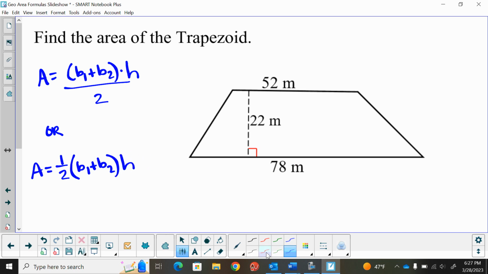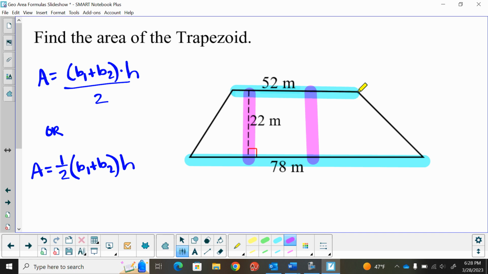So first let's identify all of our pieces here. We've got our two bases, 52 and 78. And then the height is, again, that perpendicular distance between the two. So that's 22 meters. It could be anywhere inside the trapezoid, as long as it's perpendicular.